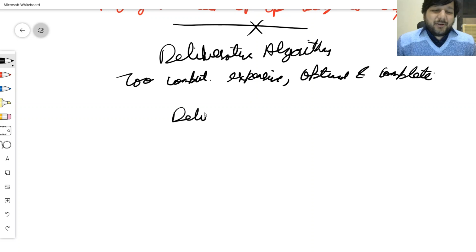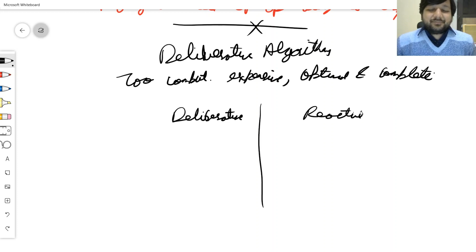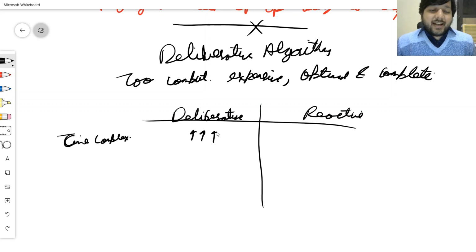So when we talk about the deliberative algorithms, they do all permutation and combination. They, like Viswanathan Anand, do everything, and then the reactive algorithms. So the time complexity is highest here and it's lowest here. The same for memory.